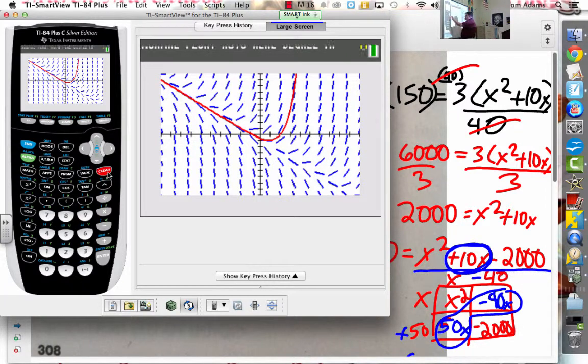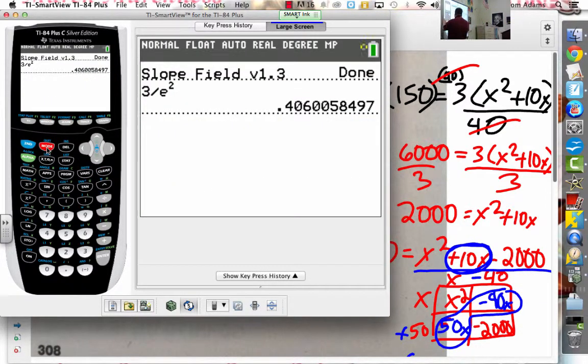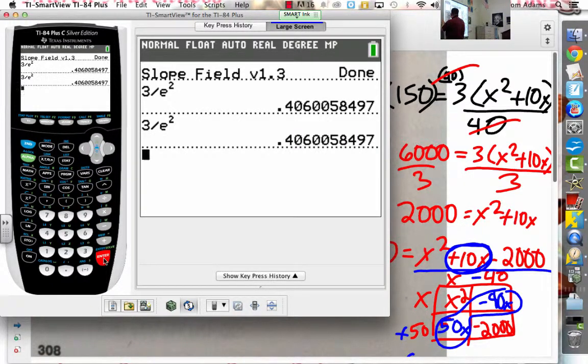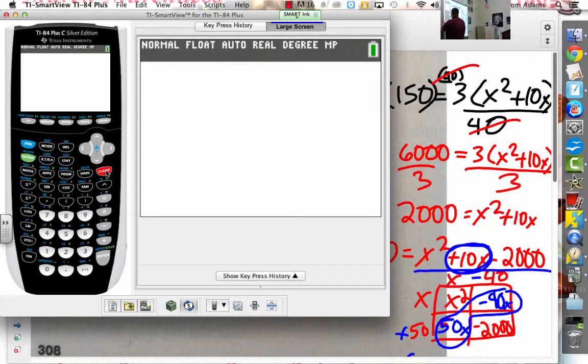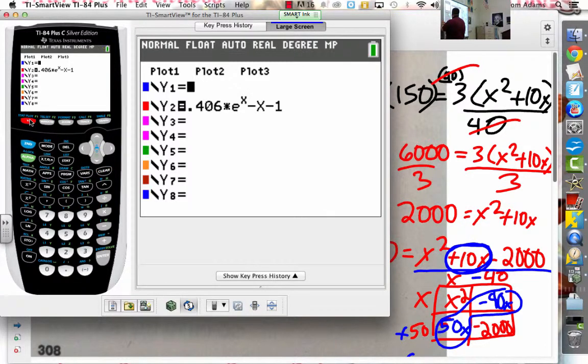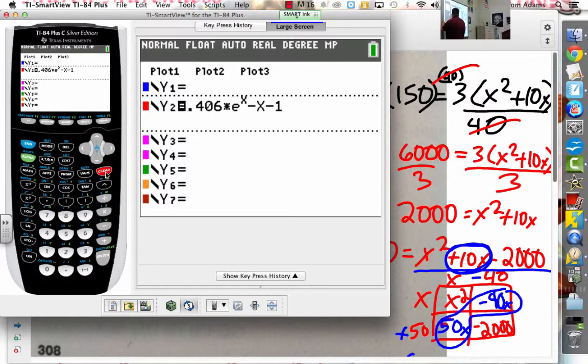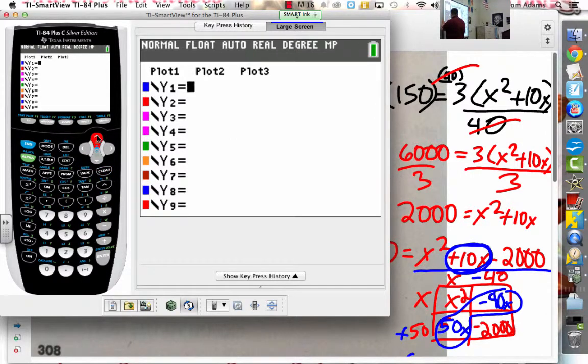All right, so let me clear this out. I've got a bunch of stuff going on, a program I have to quit. Go to Y, clear this out. So what I want to do is put 150 here.